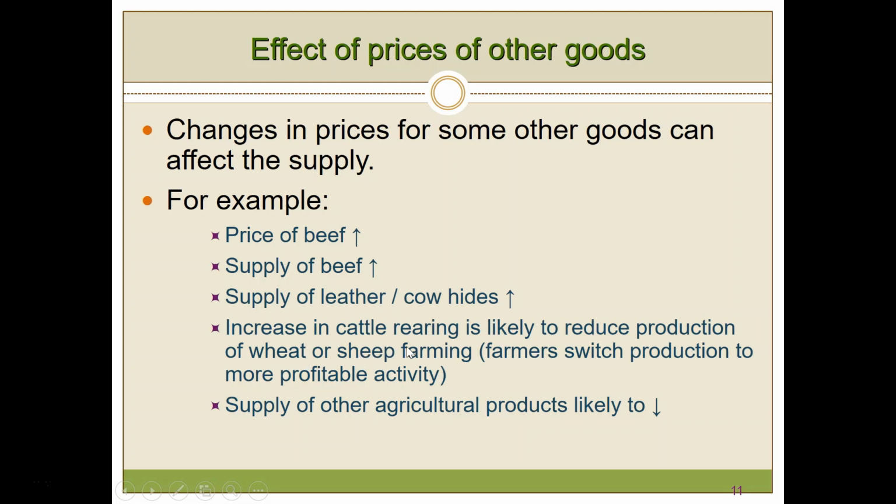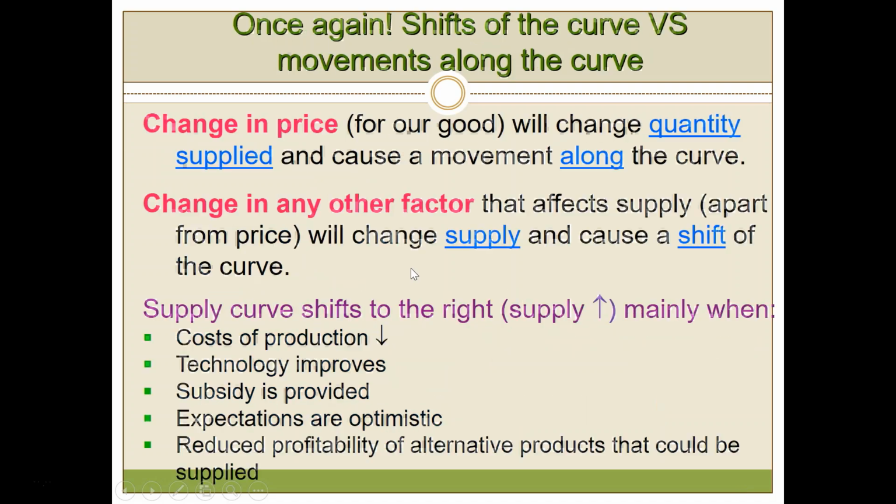And as a result, as farmers switch their production towards a more profitable activity, towards growing cows and producing beef, there might be a lower supply of wheat. So generally, supply of various crops is likely to be affected by changes in some other market because suppliers can switch to alternative products which generate a higher profit margin.